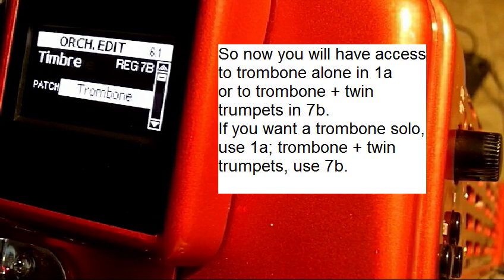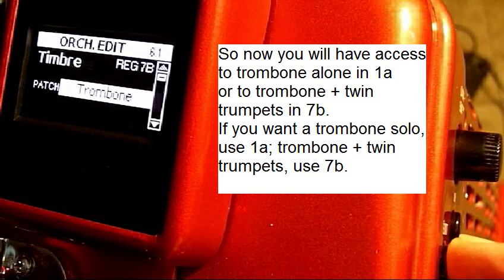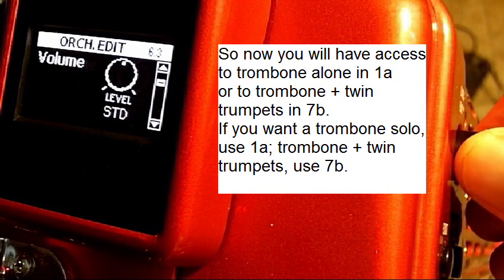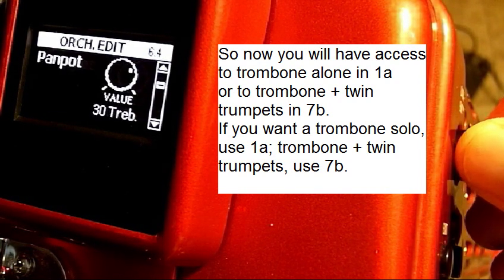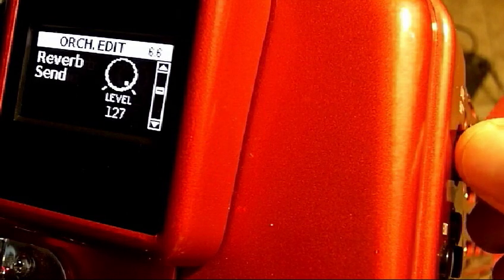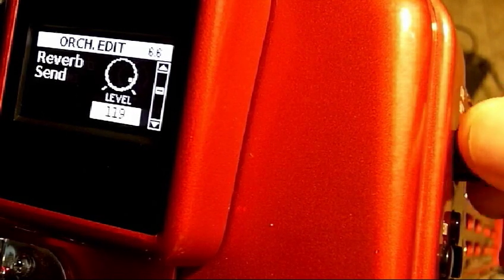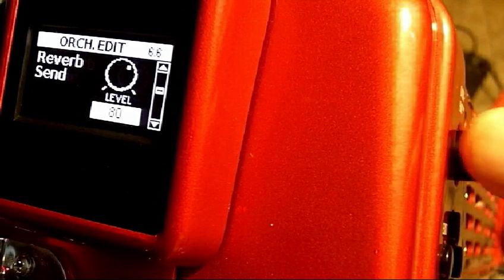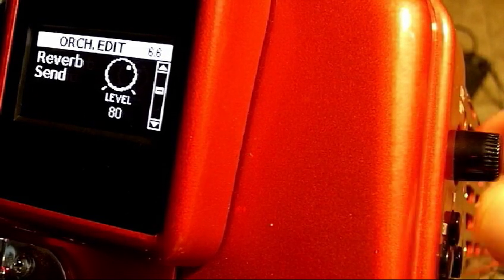So that's going to be another trombone. However, I'm going to layer that with twin trumpets, which will give a really full sound. I like the volume. I don't like this, so I will decrease the reverb to, let's say, 80, which is still quite a lot for me.